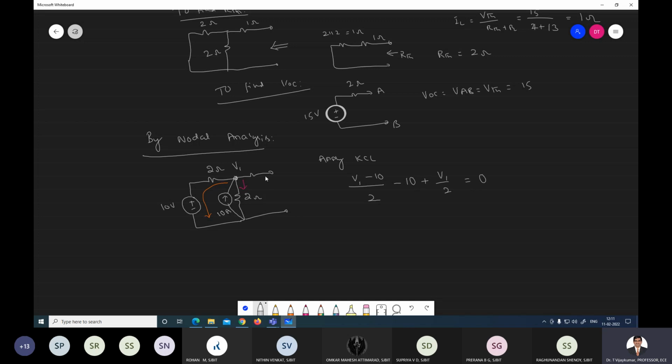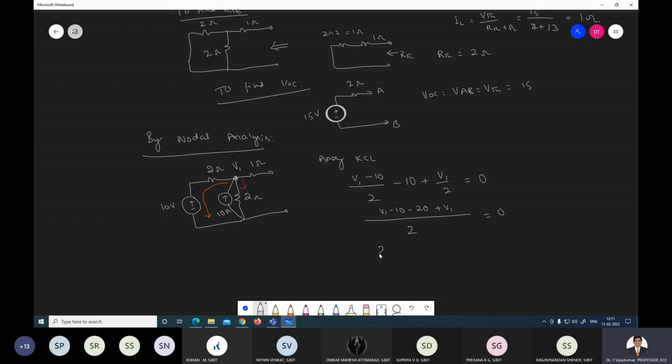What is the current flowing in this branch? Because it is open circuit, there is no current flowing in this other resistance. Here the 1 ohm resistor branch, there is no current flowing because it's open circuit, therefore we can neglect this. Now taking 2 as a common factor, it is V1 minus 10 minus 20 plus V1 equal to 0.